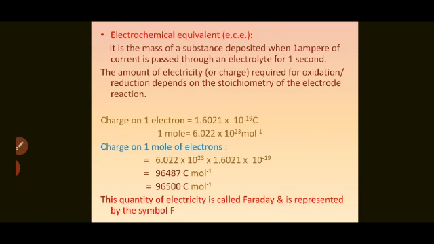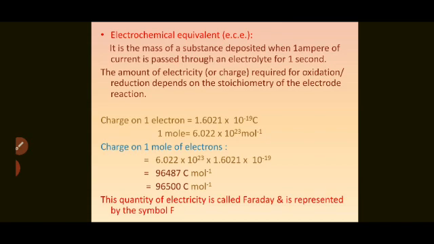The charge on one electron is equal to 1.6021 into 10 to the power minus 19 coulomb. This we have learnt last year. One mole is nothing but how much? 6.022 into 10 to the power 23 per mole.